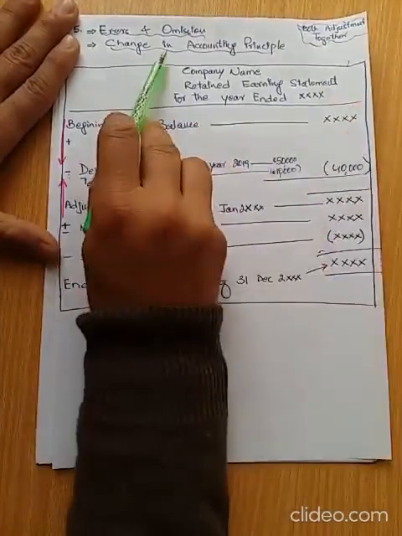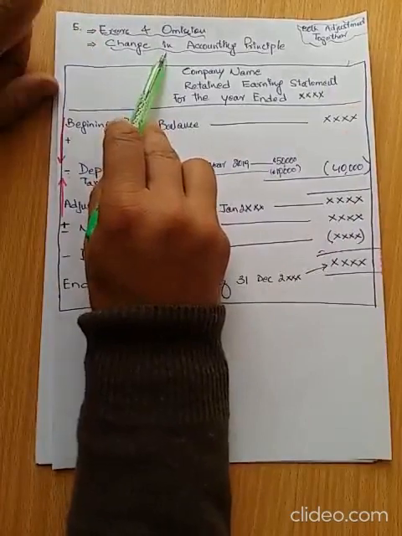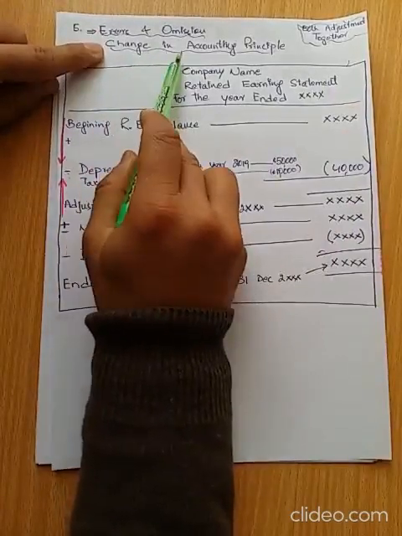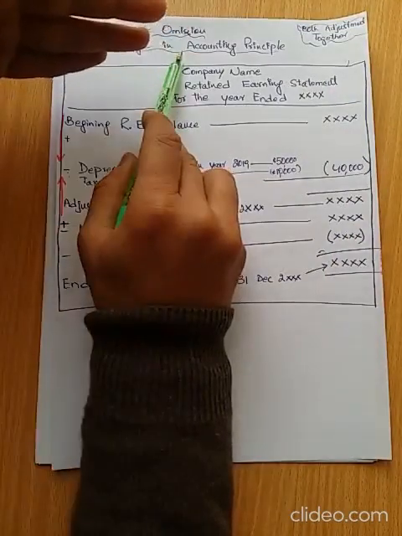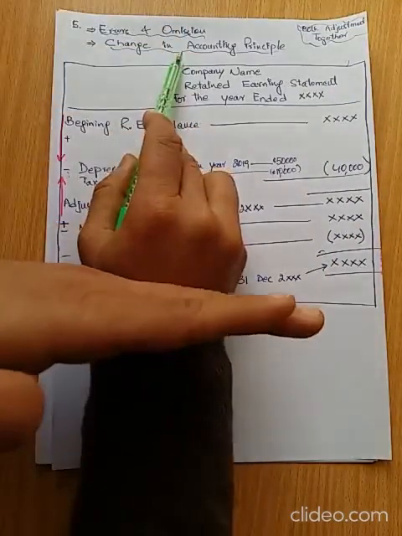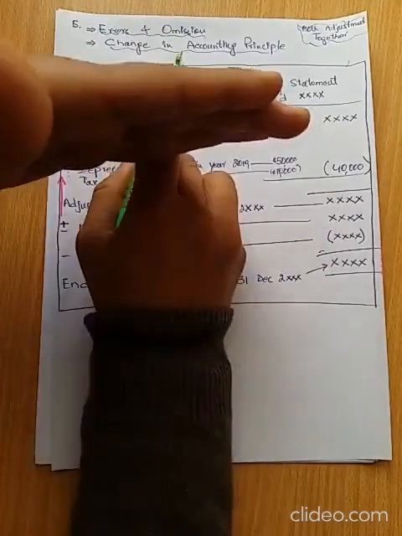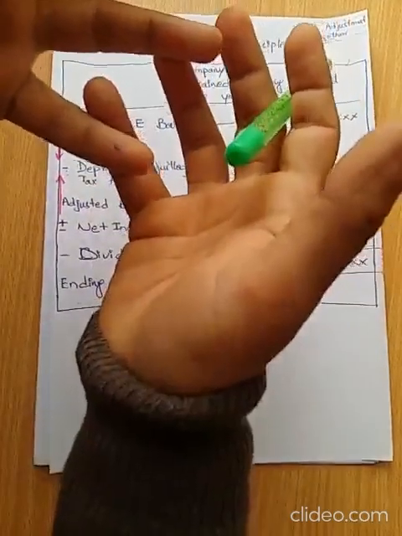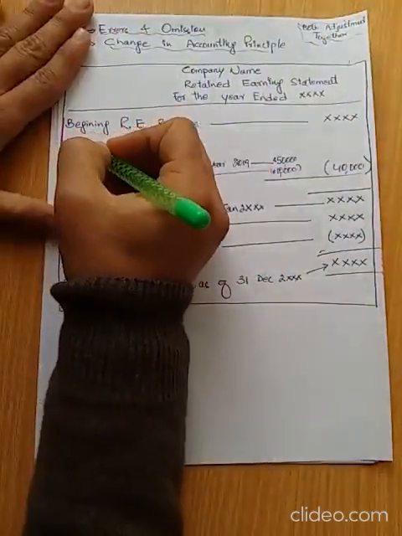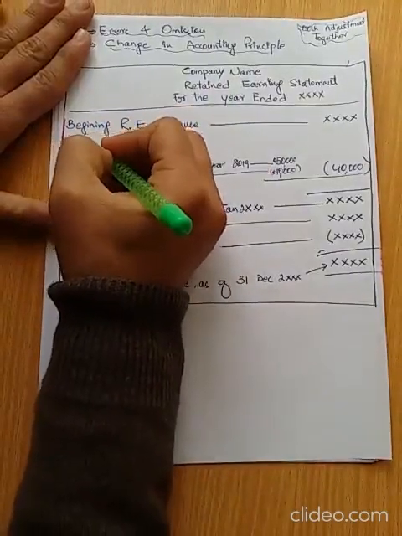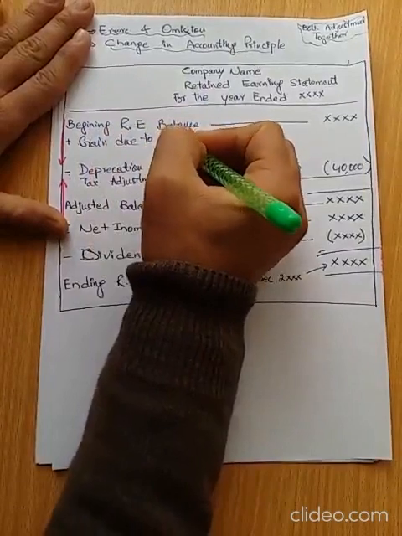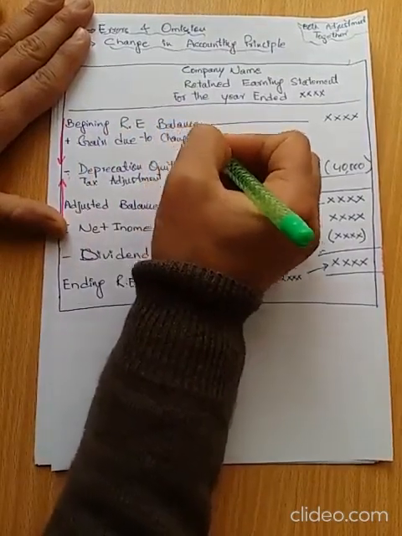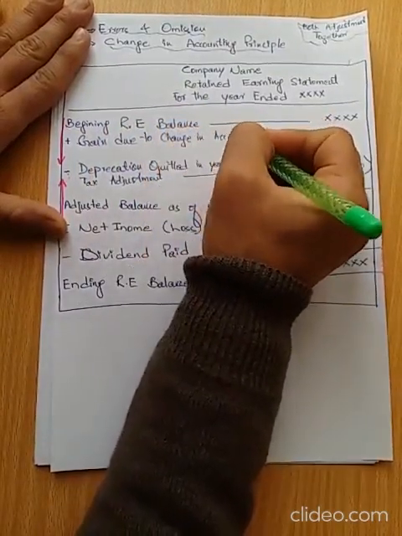Is it okay? Let's say my company changed the inventory method from LIFO to FIFO, okay? And because of changing the inventory method from LIFO to FIFO, we had gains. So if we have gains, I will write here: gain due to change in accounting principle.